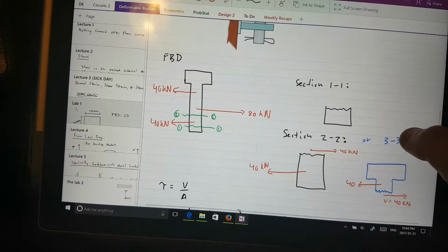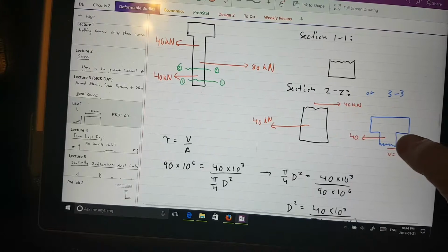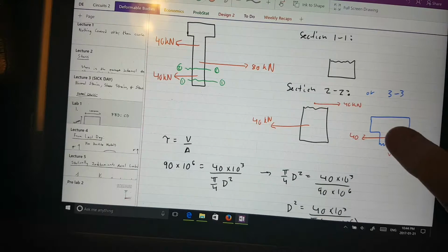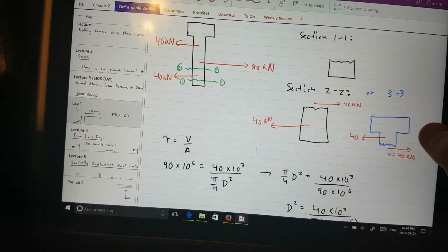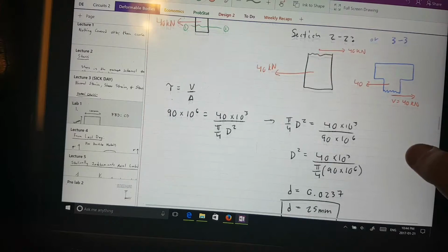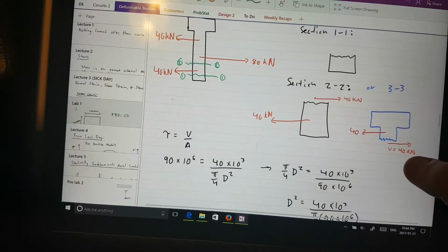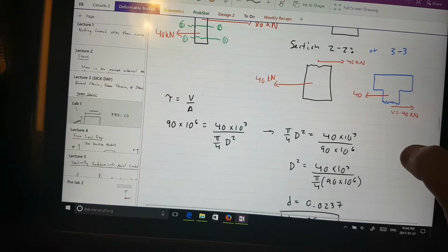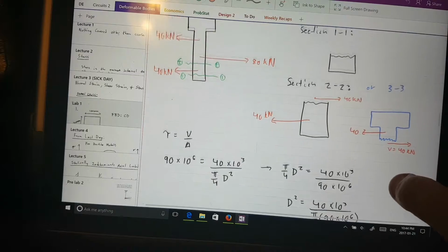I did section 1-1. Section 2-2. Looks like I've got a shear force of 40 kilonewtons. I basically wanted to see what the biggest shear stress would have been. Alright, and then so I've got the shear stress that way.